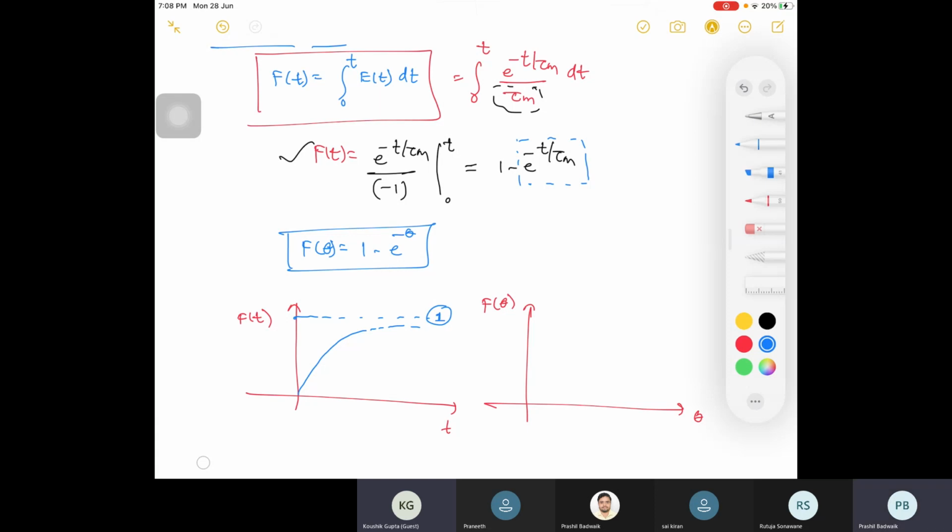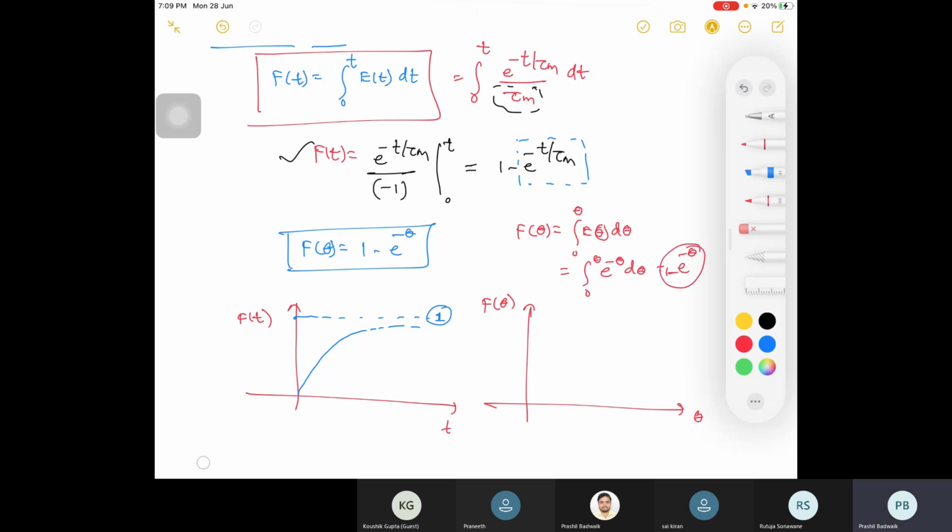No, you need to check this. You know F of theta is the integral from 0 to theta of E theta d theta. What is E theta? E to the power minus theta. Now integrate it and find out. It's 1 minus e to the power minus theta.